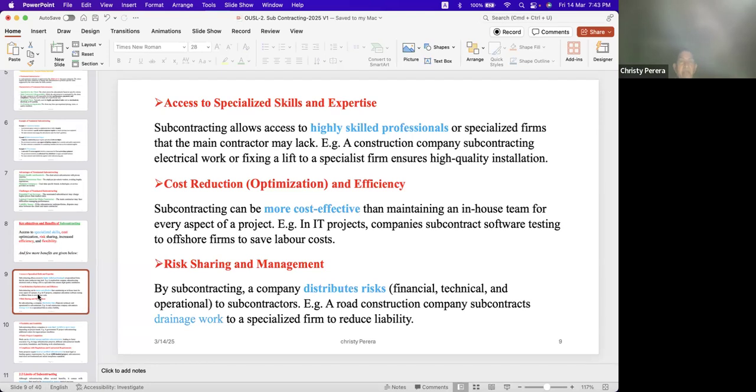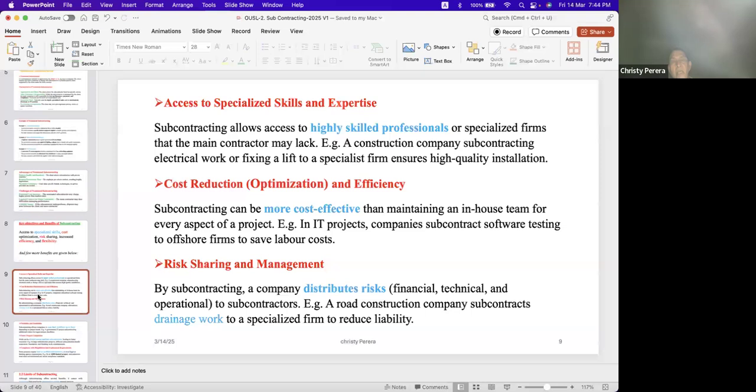Cost reduction or optimization and efficiency. Cost optimization. The maximum benefit over the cost, and efficiency will be high. Subcontracting can be more cost effective than maintaining an in-house team for every aspect of a project.